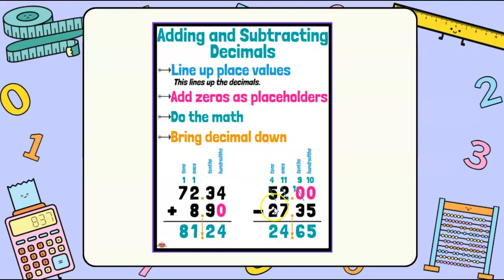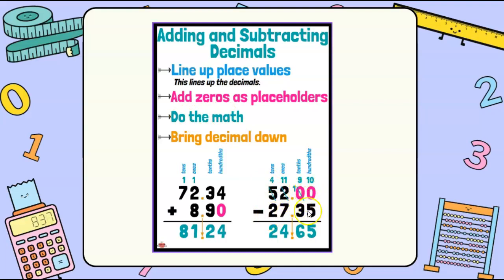Once I have my place values lined up and stacked on top of each other, I'm going to add zeros as placeholders for any blank spots. That's just going to make doing my math a little bit easier. Once I have my zeros added and my numbers stacked, I'm going to do the math like I would subtracting any whole number.